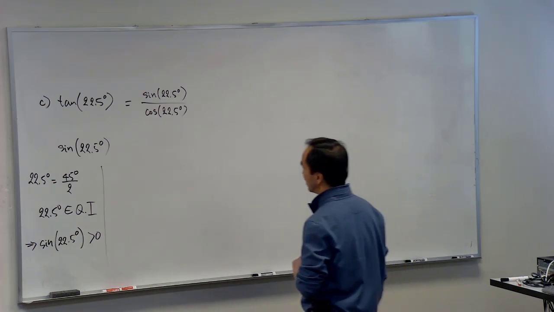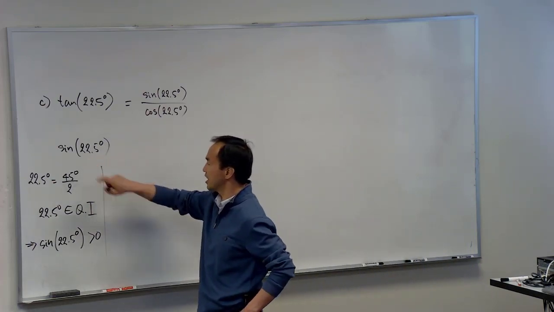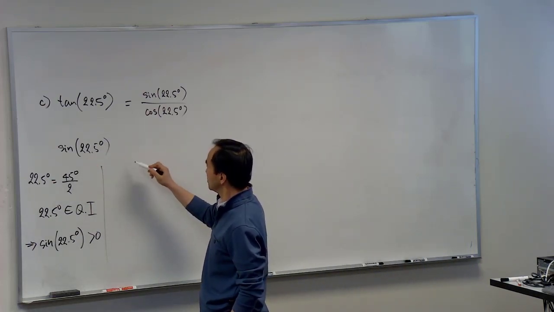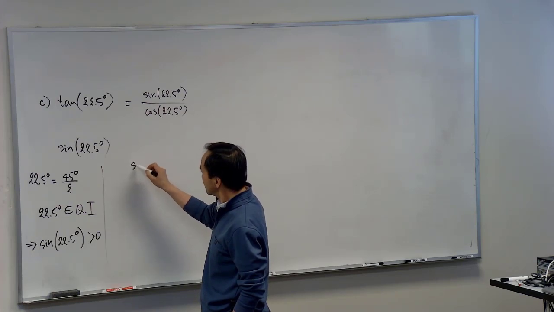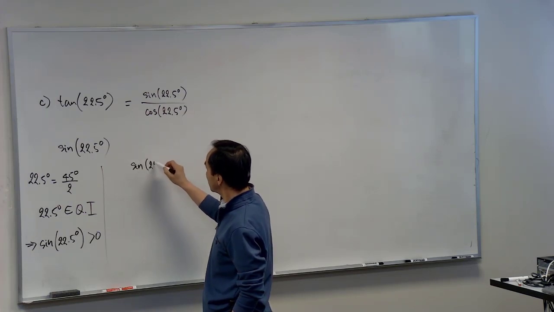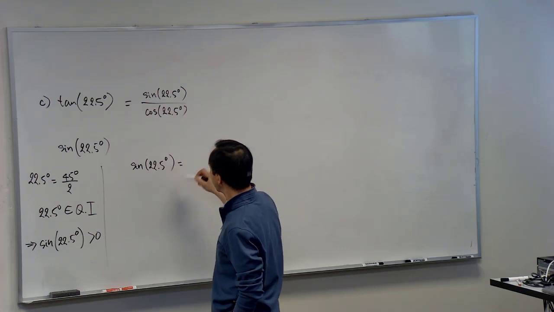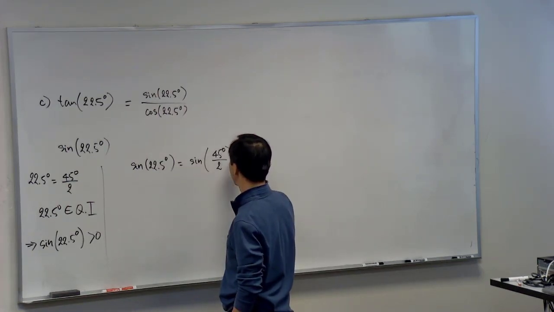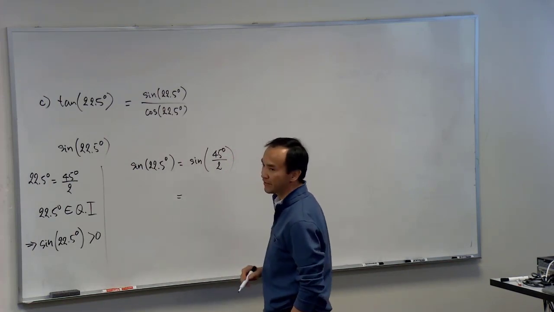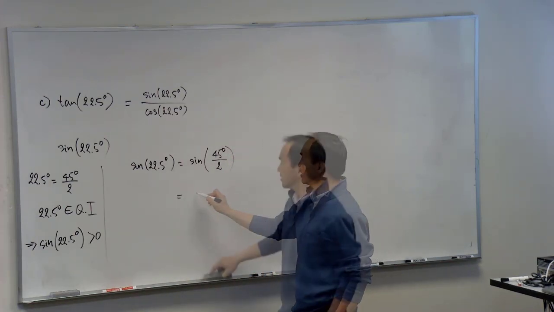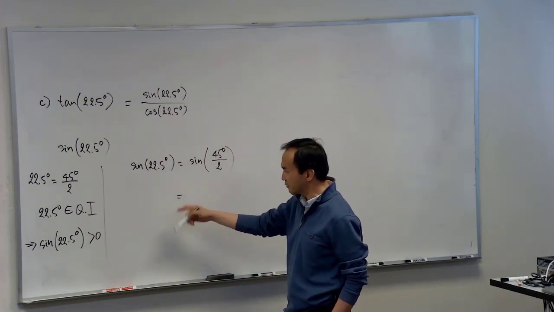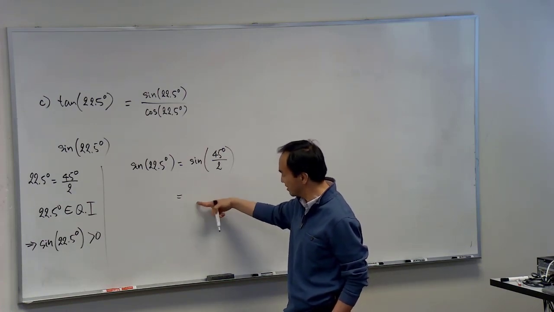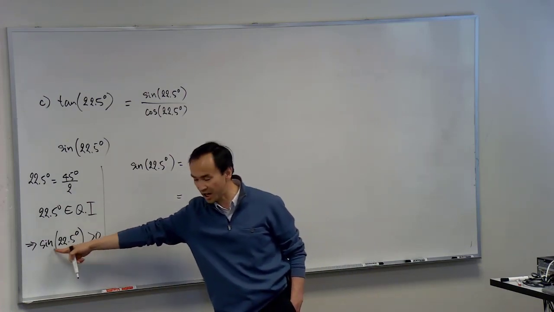So these are some preliminary information. Now we're going to go ahead and calculate sine of 22.5. Sine of 22.5 is the same as sine of 45 over 2, right? According to the half angle formula that we have learned, I'm not going to write the 2 separate formulas anymore, because we already knew that sine has to be positive.